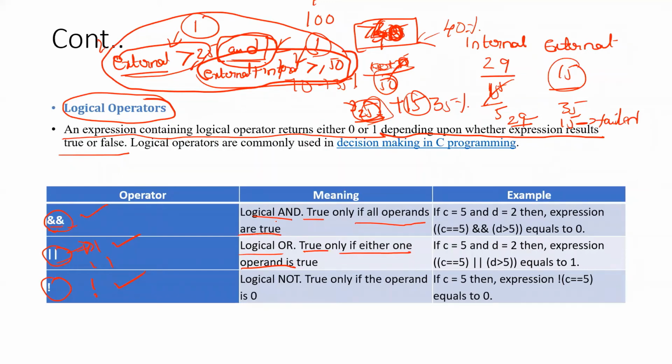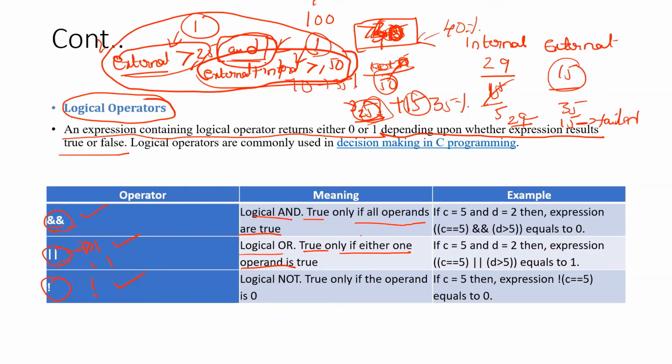If both operands are true, then only it returns true. If any one is false, it returns false. But in logical OR, if any one is true, then it returns true. For example, if I have two conditions, and the first one is satisfied but the second is not, not an issue, it will be satisfied. If both are not satisfied, then it returns false.